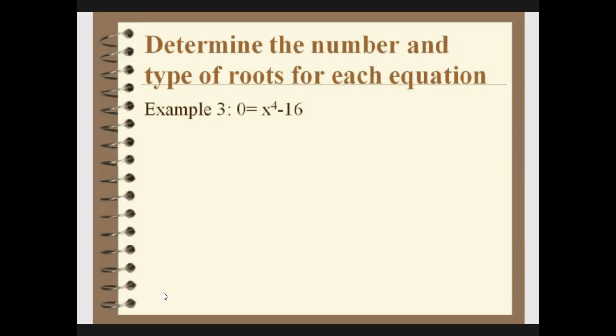Okay, in example number 3, we have x to the 4th minus 16. So this is kind of like our quadratic technique, where we would say that u is equal to x squared. So this becomes u squared minus 16.